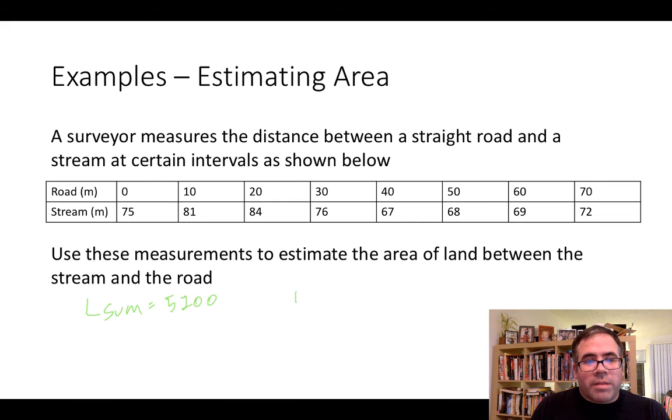And we already found the right sum, which was 5,170. The trapezoidal rule is just the average of the left sum and the right sum, always and forever. So it's 5,200 plus 5,170 over 2, which would give 5,185.